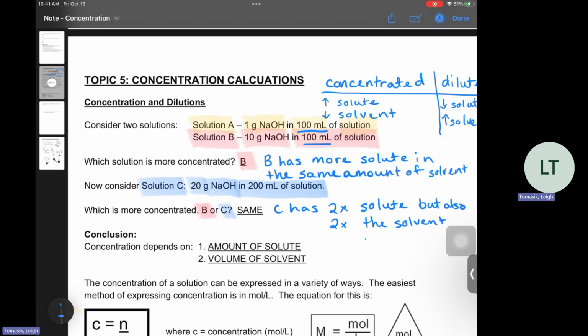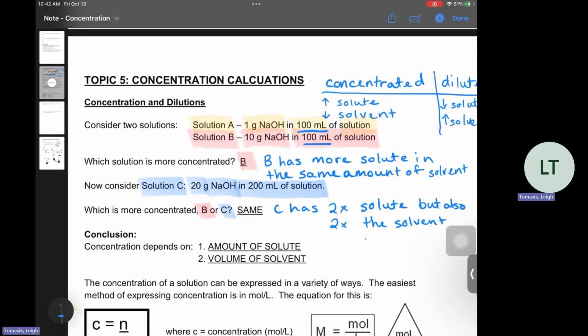So if we double the cans of juice, we double the water that it goes into, and it ends up being the same strength. We've just scaled up the recipe, right? So something that has 2 times the solute and 2 times the solvent is going to be the same concentration.